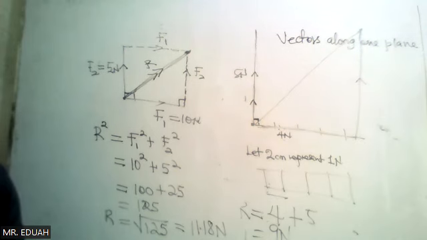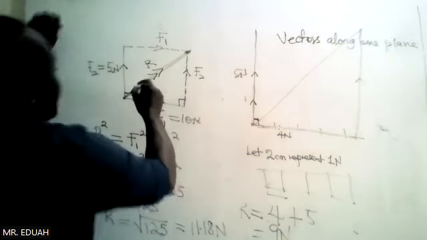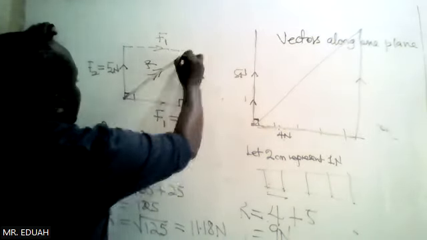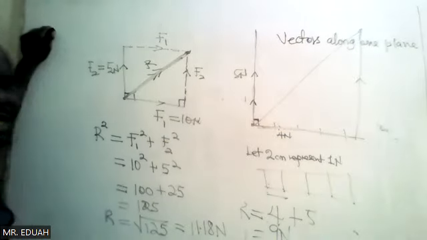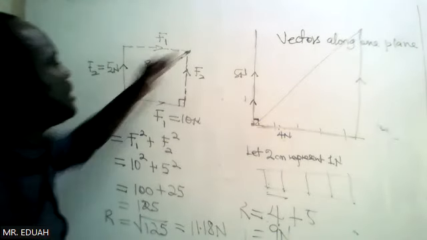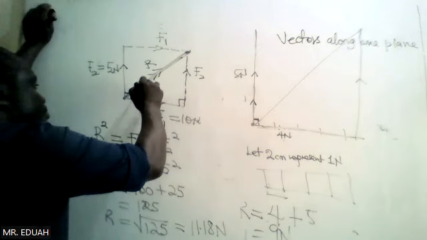Now, what about the direction of the resultant? Okay, so with the direction, the resultant is going up here, headed to this diagonal.